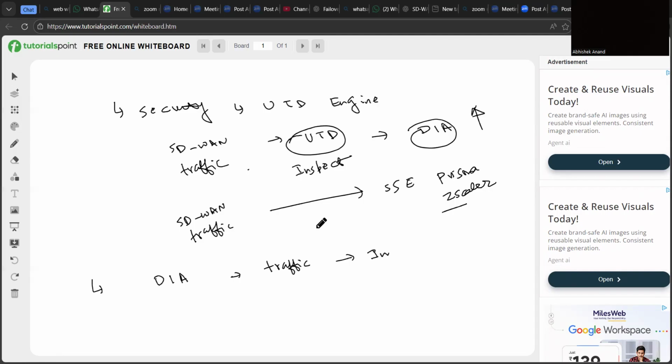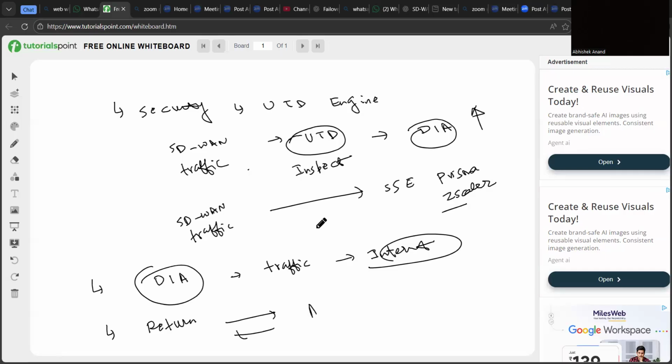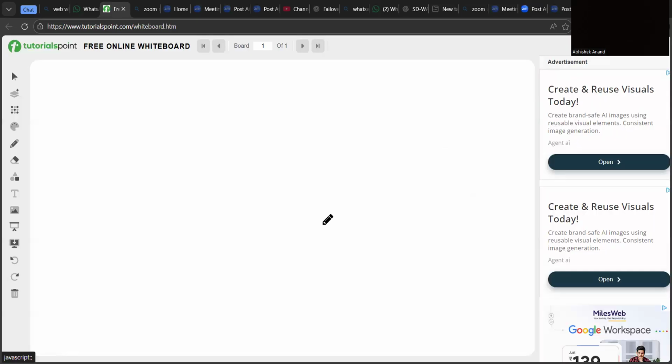It will go direct to the internet, and then the user will connect to the Teams traffic. Return traffic should have the same path to avoid any asymmetric routing. I hope this will clear your concept. If not, if you post your comment, I will try to make more videos on this.